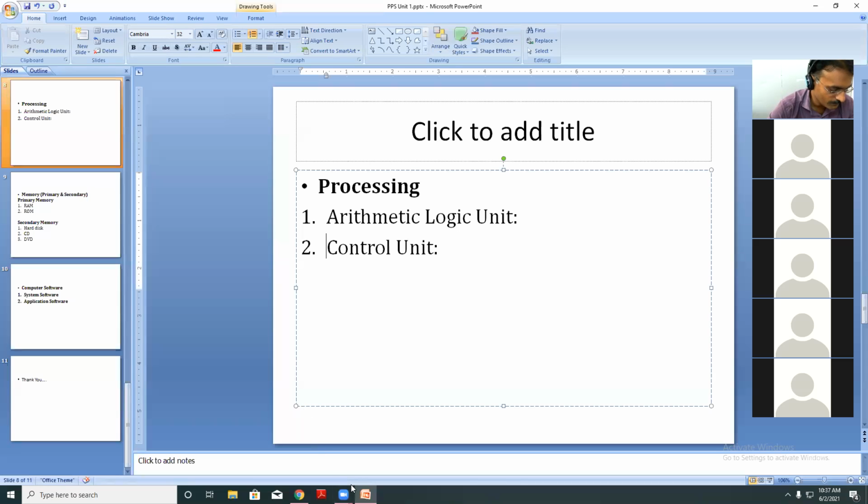Okay. So, now what about the control unit? The name itself says controlling of all operations, like the input or the processing carried out by the ALU, that means arithmetic logical unit, or any other controlling of the system unit.